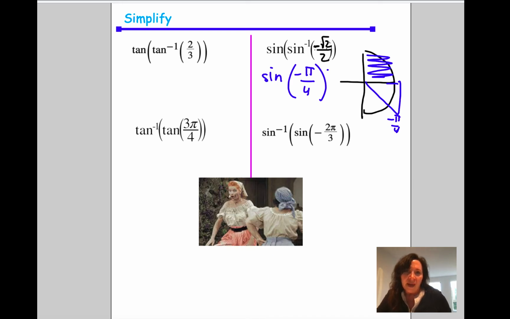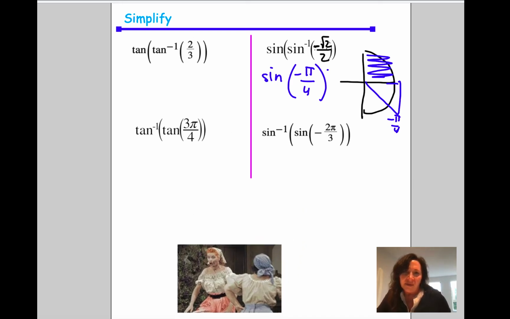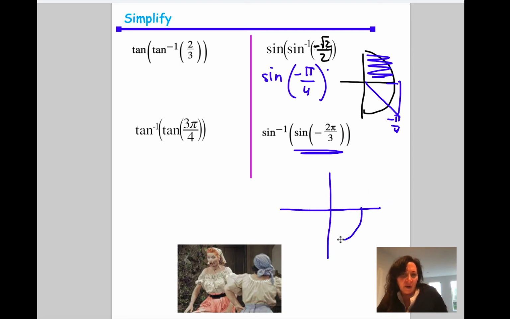So the next question that I'm going to ask is here. What is sine of negative 2/3 pi? So negative 2/3 is going down this way, and negative 2/3 here. Now remember, 3 divides into 180 60 times.